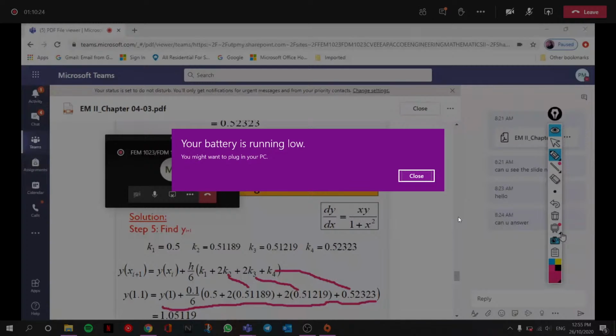Use your calculator. Can you get this answer? 1.05119. This is your answer. 1.05119.